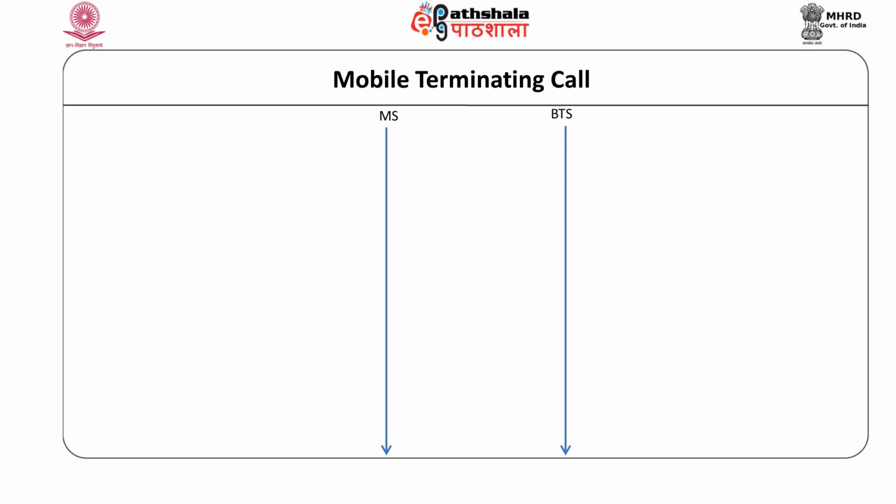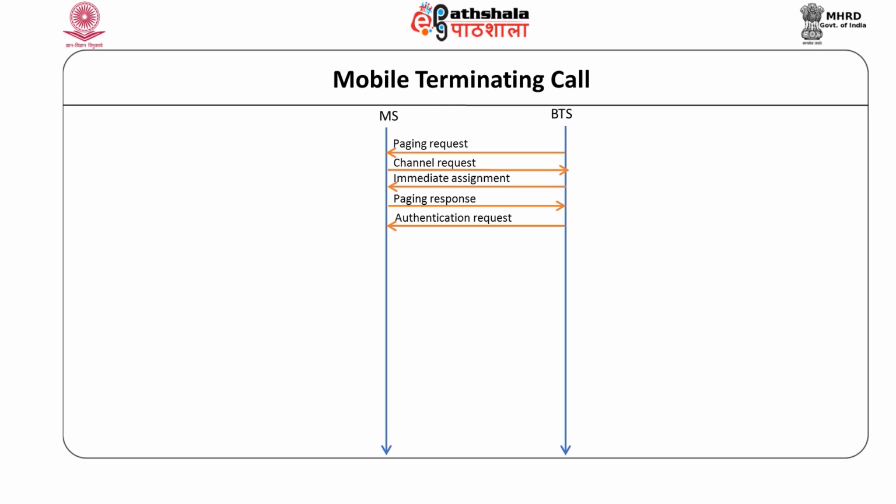So, between the mobile station and the BTS, we just saw the paging request sent to the mobile station, and the channel request sent to the BTS from the mobile station. If available, the channel is assigned to the mobile station and an immediate assignment message is sent. Now, once the mobile station knows that it has got the channel, it sends a paging response message and initiates the session.